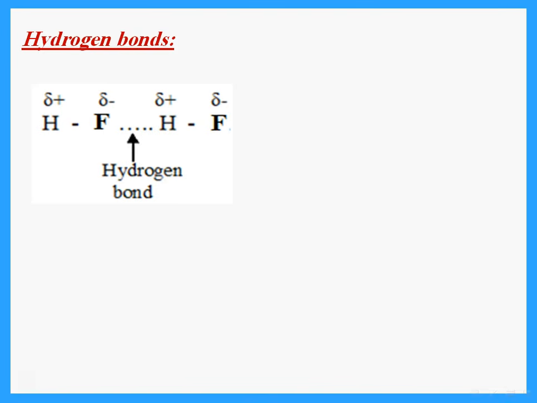That will cause this hydrogen, which has a slightly positive charge, to be attracted to the electronegative element of the next molecule. And that is called a hydrogen bond. Remember that a hydrogen bond is stronger than a permanent dipole alone, and these are stronger than the London dispersion forces.